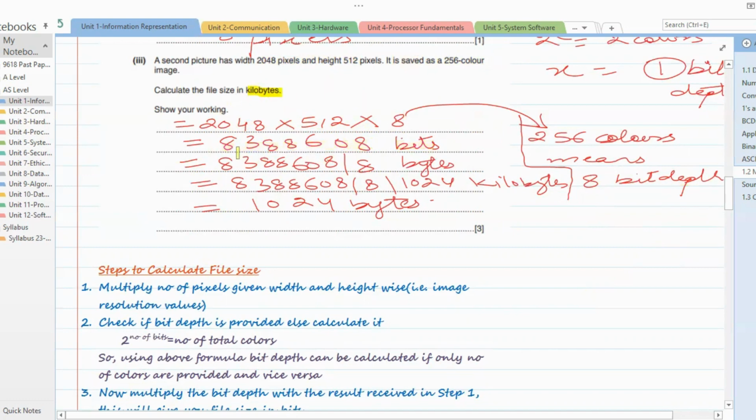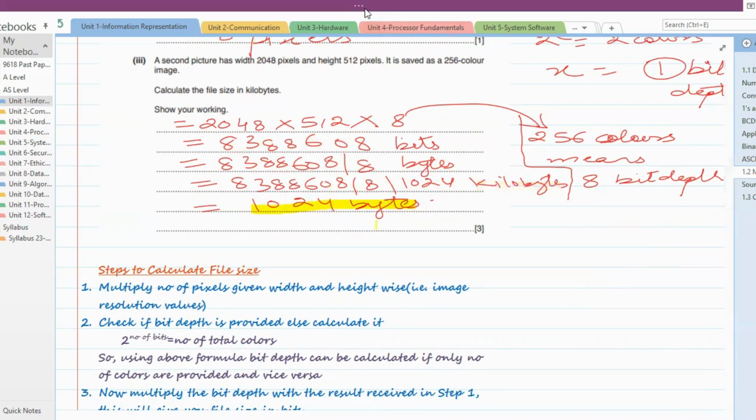Because this is in bits, you have to divide it by 8 to make the answer in bytes, and then further divide it by 1024 to get your answer in kilobytes. So divide by 8, divide by 1024, and you get kilobytes, not bytes.